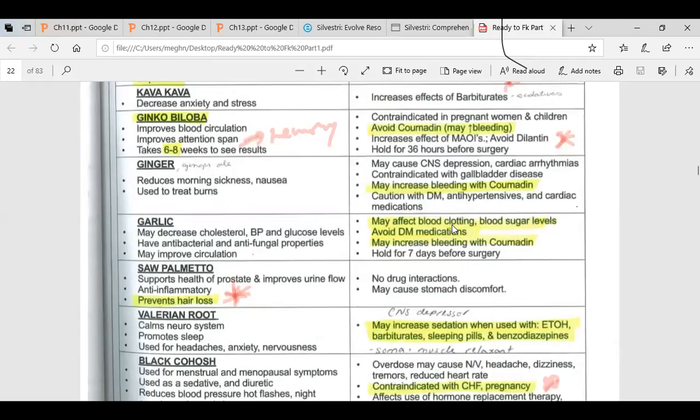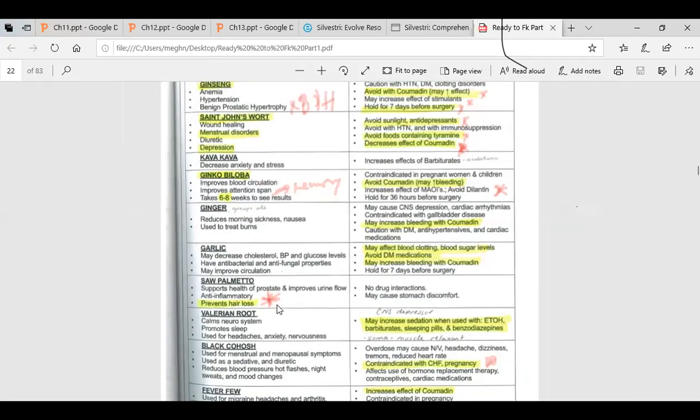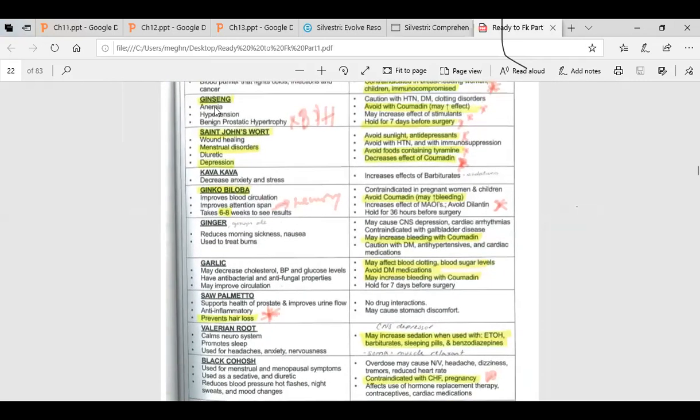So the most important message from this note for the NCLEX board exam, just try to follow me, please. The herbal medications starting with G, like ginkgo, ginger, garlic, and ginseng, all interact with blood thinners.